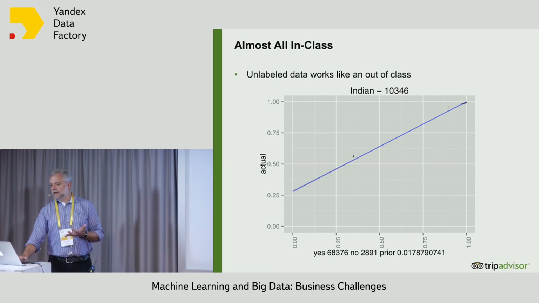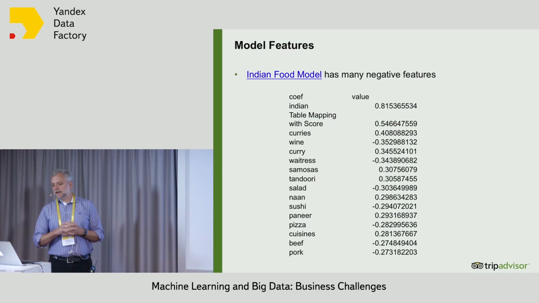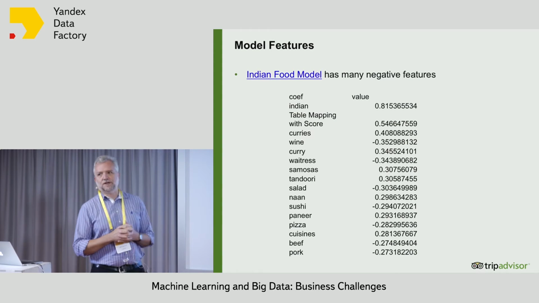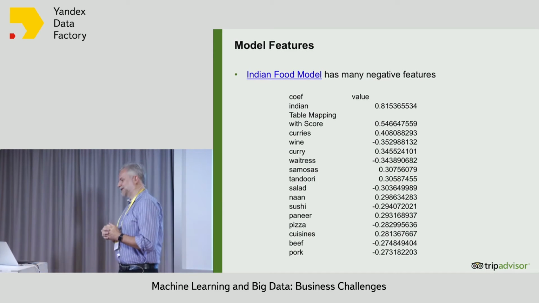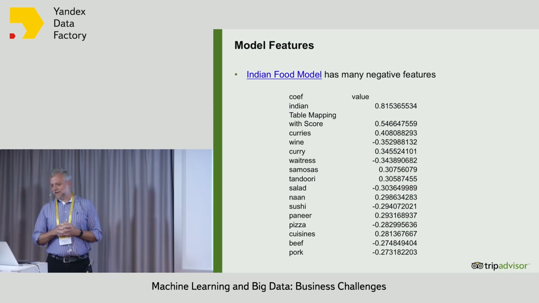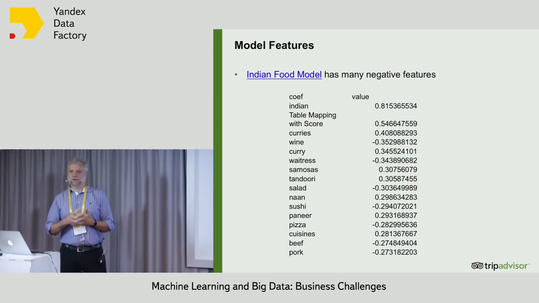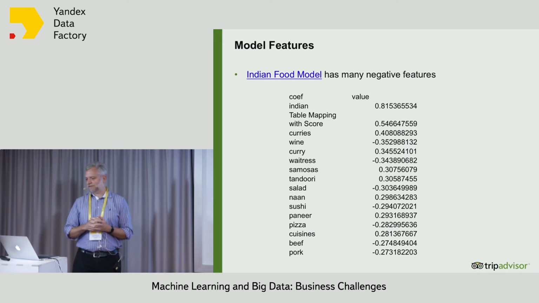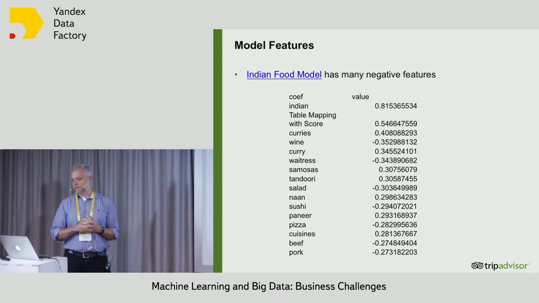If you actually look at the Indian food model, we do have a lot of negative predictors. It's very hard to actually measure the error rate of this because we don't have any no votes, so cross-validating in that particular case is problematic. We'll typically QA these models if we don't have enough data to get good out-of-sample error estimates.